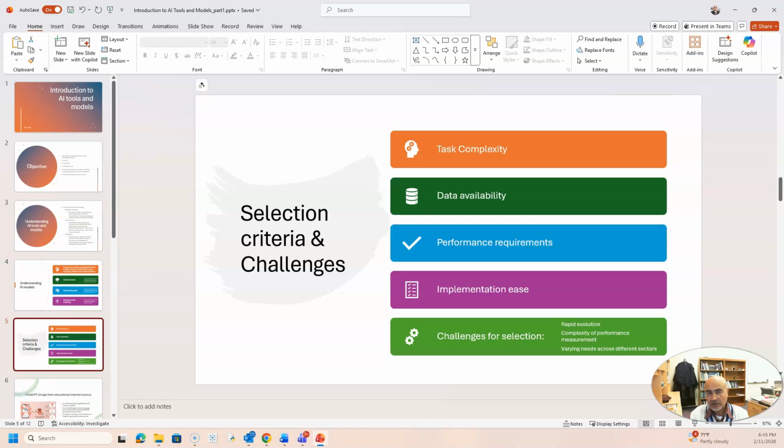And just a little tip here, the design of the PowerPoint that I'm using for this class is powered by Copilot. Initially, I had created some PowerPoint but have taken the design ideas. The reason I mention this is if you look at the design, you will see some kind of icons associated with it, and they are being created by Copilot.